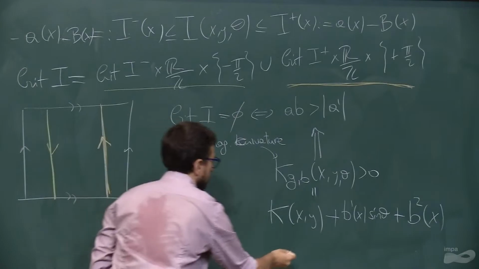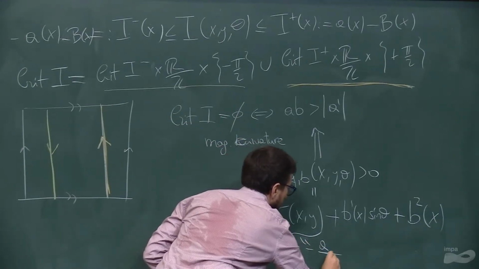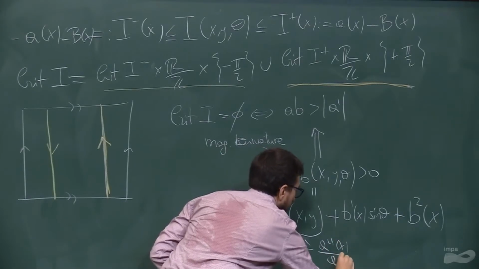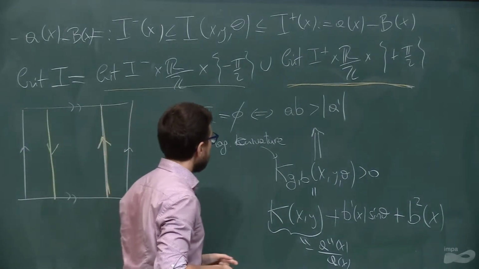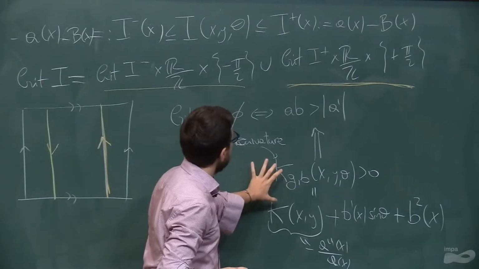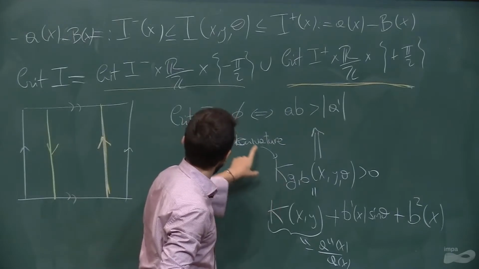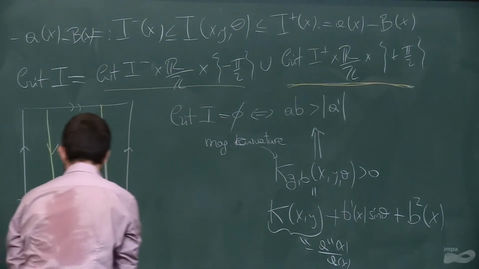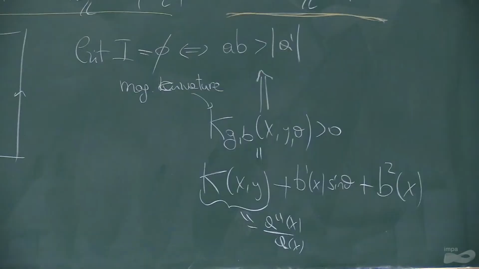And in this case, the Gaussian curvature is easily seen to be minus the second derivative of A divided by A. So we have here also this very nice characterization, one implication at least, of having no critical points. And then, in this case, what we could show is that the systolic inequality actually holds.